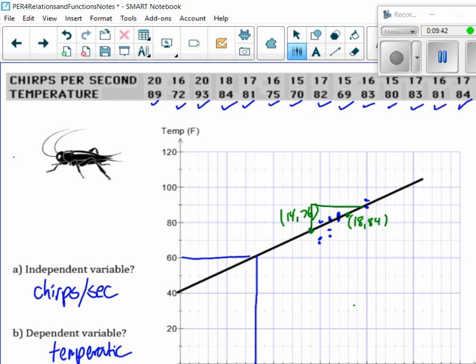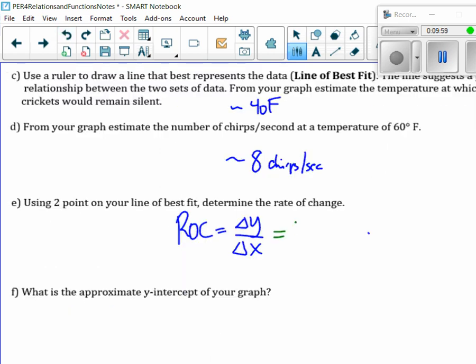Up and across. So what's my change of y? Looks like for me, it's 10 and 4. What did you get? So if I divide that, I get 10 divided by 4, which is 2.5.